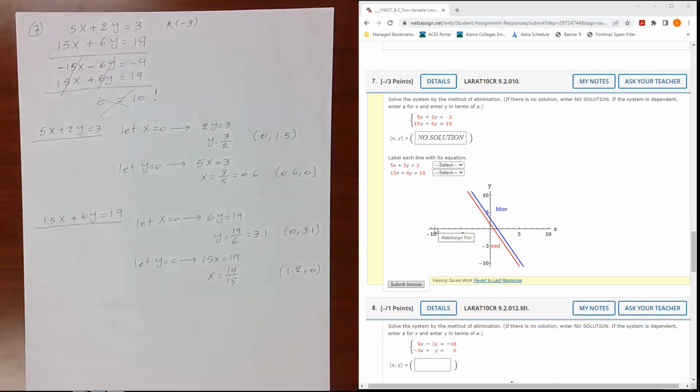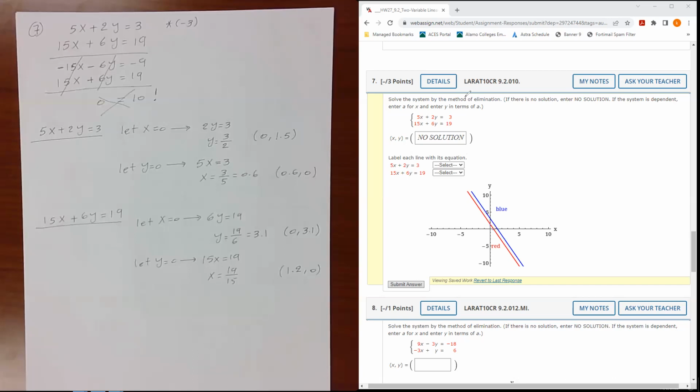So let's check. The first one is 0, 1.5. Let's look, where is this point? X is 0 and y is 1.5. So here is 1, 2, 3, 4, 5. That means here is 1.5. And 0.6 as an x, you see this is 1, it's less than that, so that is 0.6.